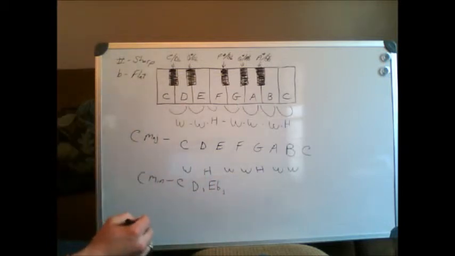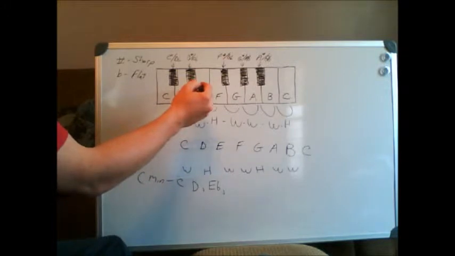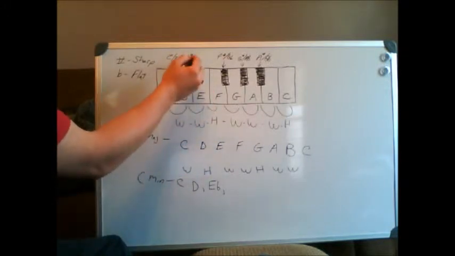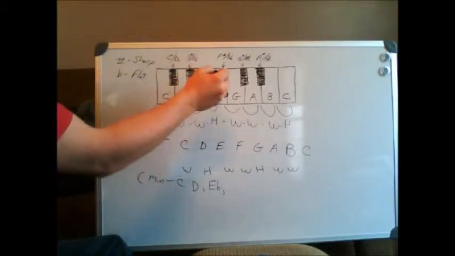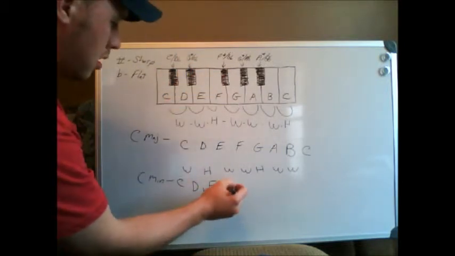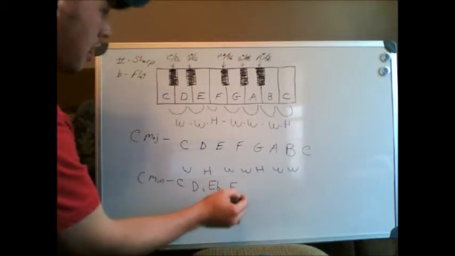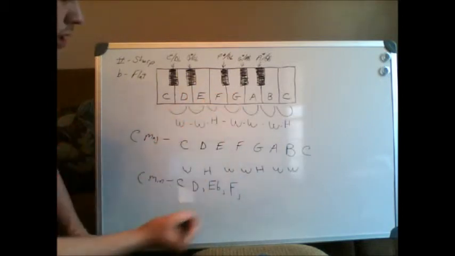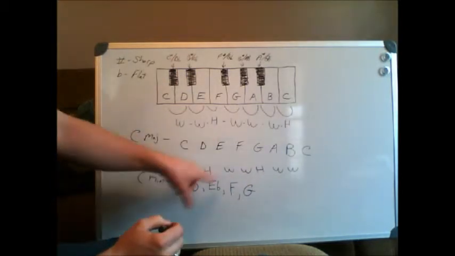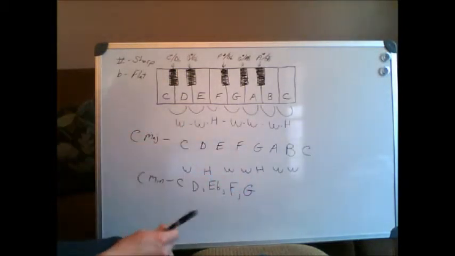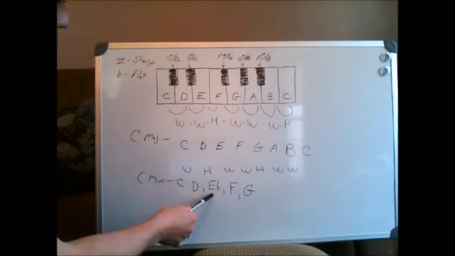Alrighty. So now we go a whole step, which takes us, we're at the E flat, we go two semitones to make a whole tone. So it puts us at the F. All right. And then another whole step puts us at the G. And if you notice, C, D, E flat, F, and G, so far the only difference is this third note.